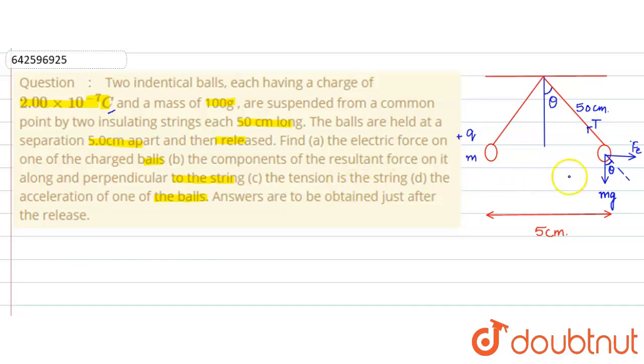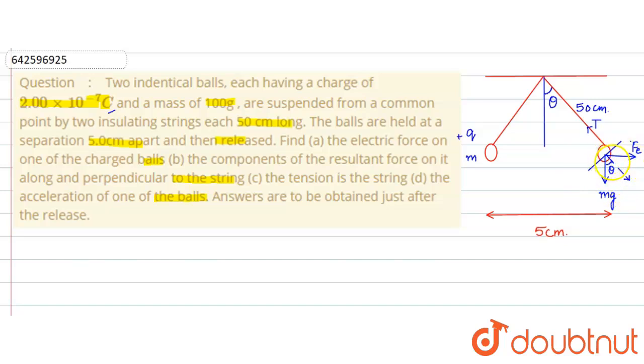Now we also have to find the component of these forces along the string and perpendicular to the string. So let us draw a line perpendicular to this string like this, and take the components of these forces along these lines. There will be one component of mg along this direction, which will be mg cos theta.